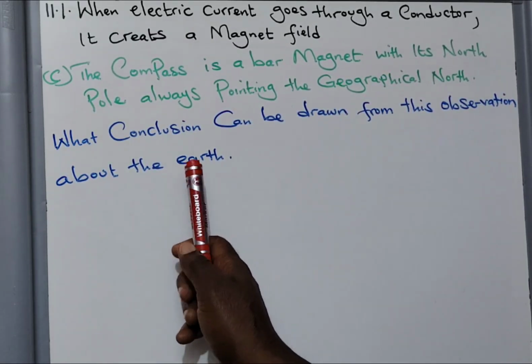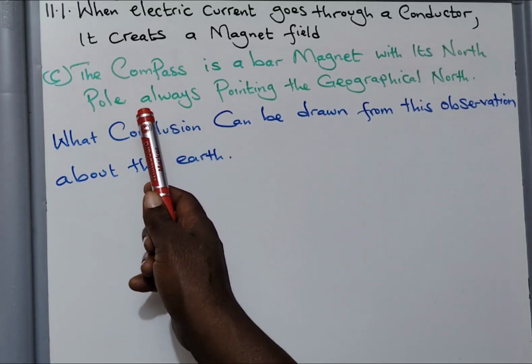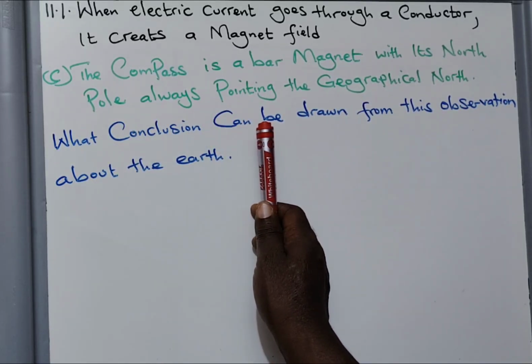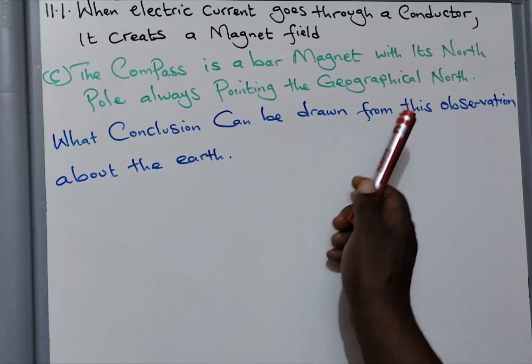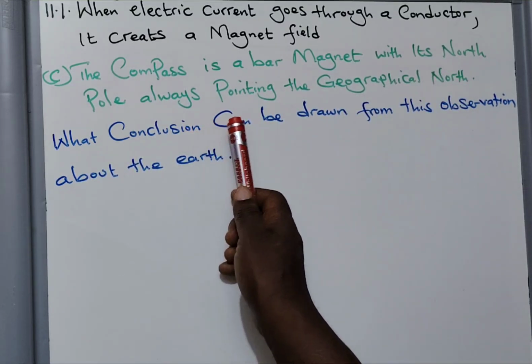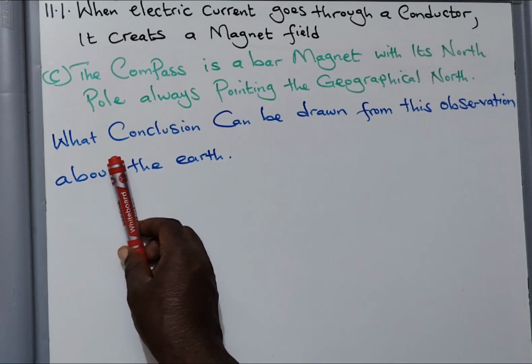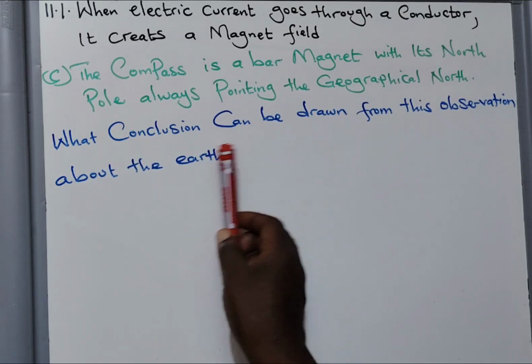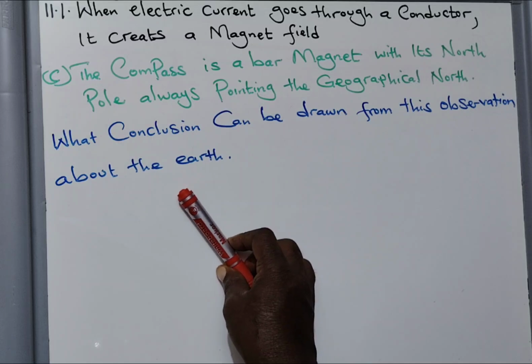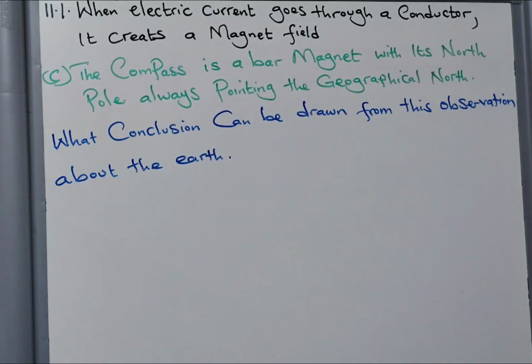Then we come to this question. It says that the compass is a bar magnet with its North Pole always pointing to the geographical north. What conclusion can be drawn from this observation about the Earth? If you know the compass is a bar magnet, when you twist it and disturb it, it always settles with its north pointing north.